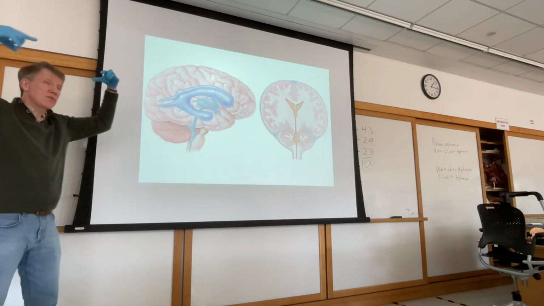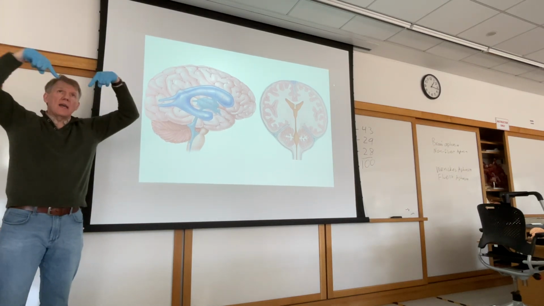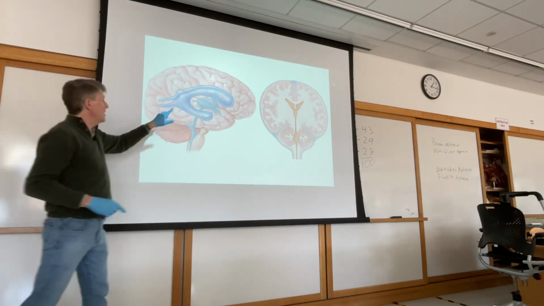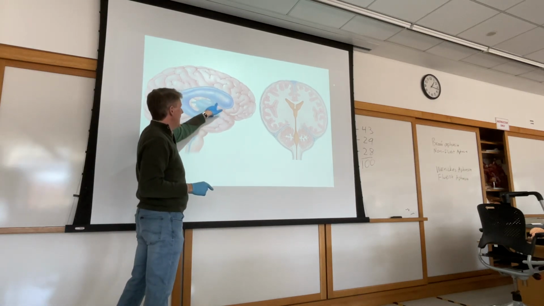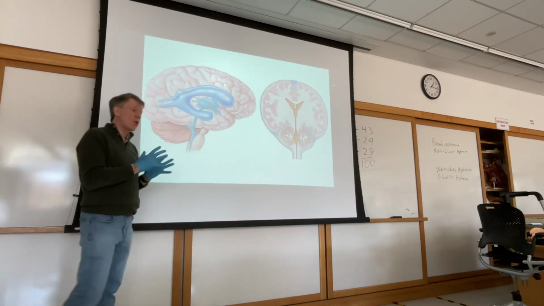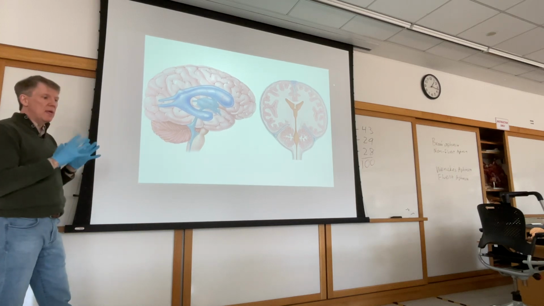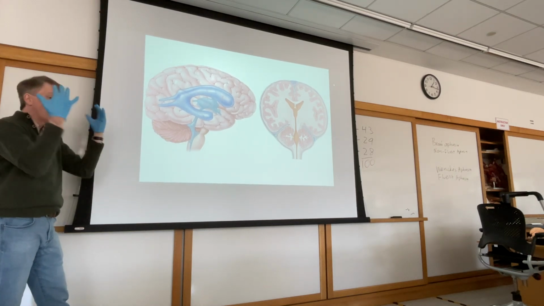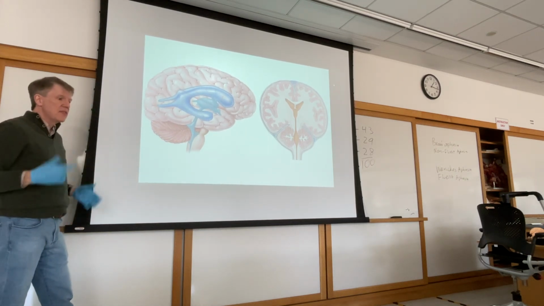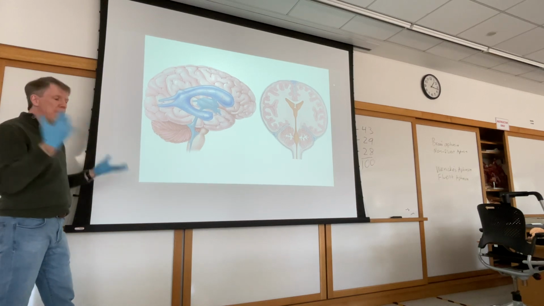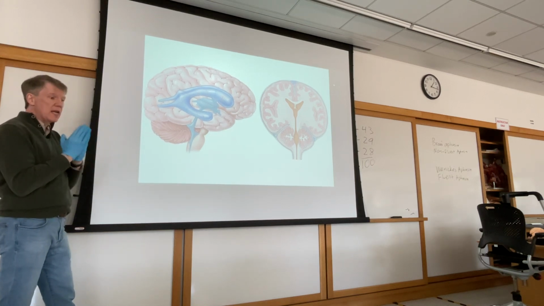Then they both connect in the midline with this one third ventricle. So that's the third ventricle there. That third ventricle is sitting right in the middle of the diencephalon. It's surrounded by the thalamus and by the hypothalamus and all that stuff. So it's right in the midline.